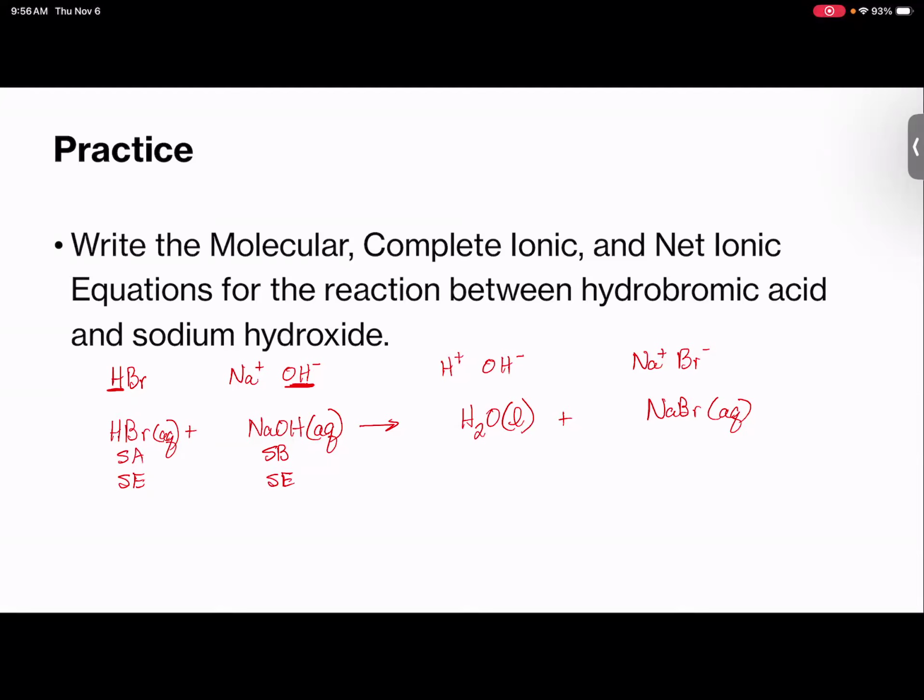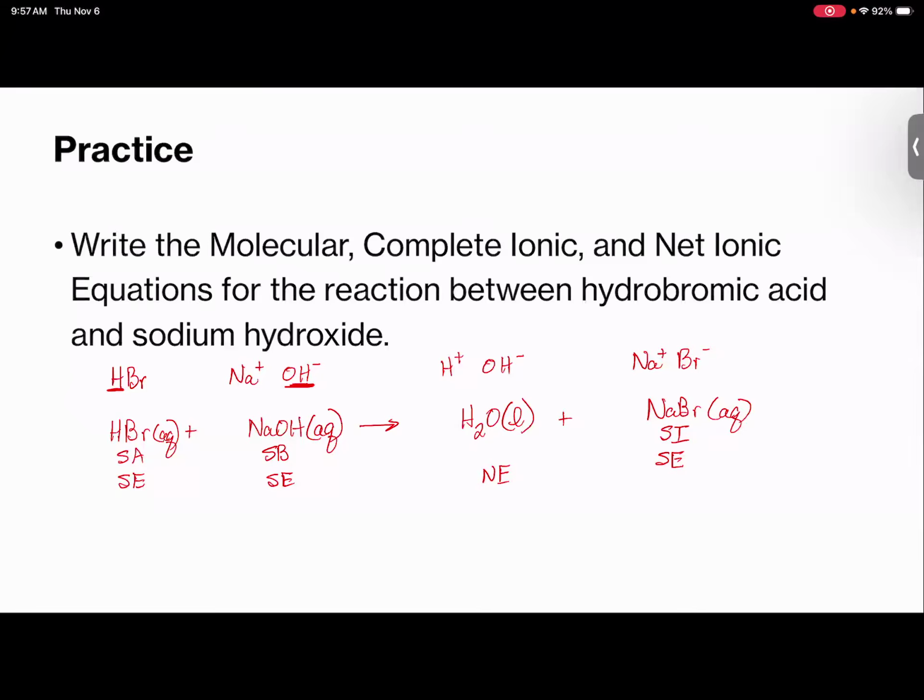It's a molecular compound, and therefore it is a non-electrolyte. And then sodium bromide, being an aqueous ionic compound, means it's soluble ionic. And soluble ionic compounds are what type of electrolyte? They're strong electrolytes.